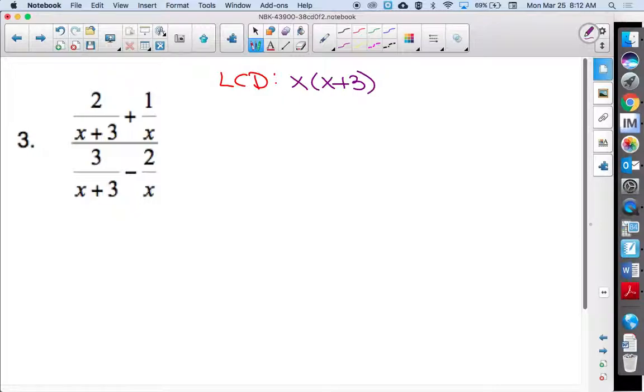Just because the one has an x plus 3, the other one has an x, those are different x's. So our least common denominator has to have the single x and then the x plus 3.